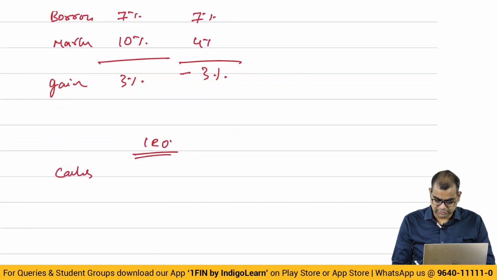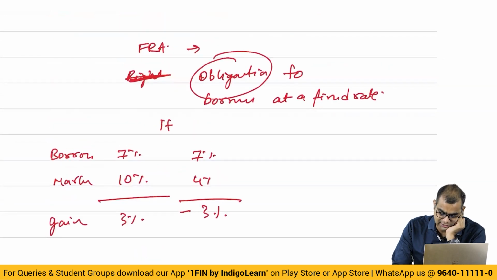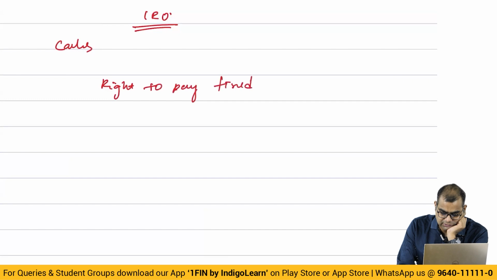Call. We'll first do call, then we'll do put. I have a right to borrow. I have a right, not an obligation. Here, the key word is obligation. There I have a right. What is the right? Right to pay fixed and receive floating.